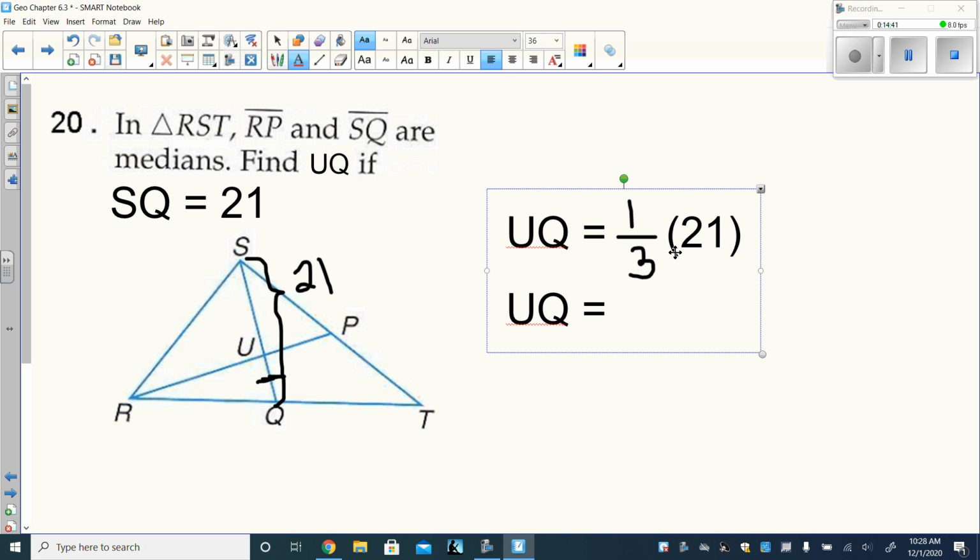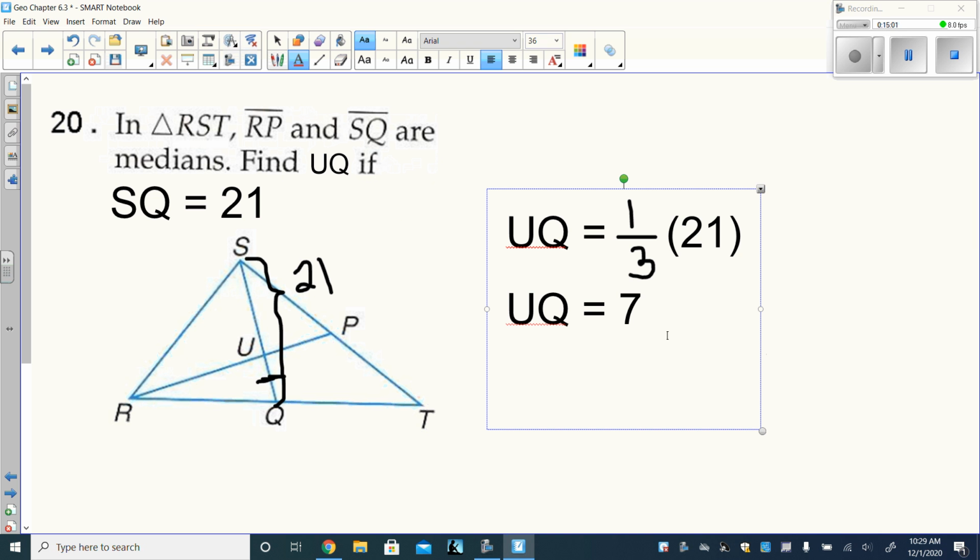So if I do 1/3 times 21, or 21 divided by 3, I would get 7. So if I'm given the whole length, I'm going to either multiply it by 1/3 or 2/3, depending on what I need or what I'm trying to find.